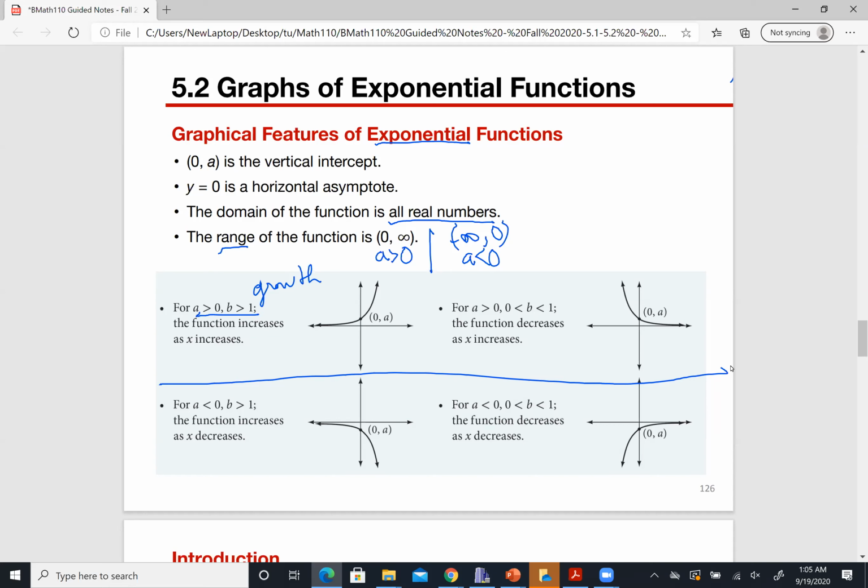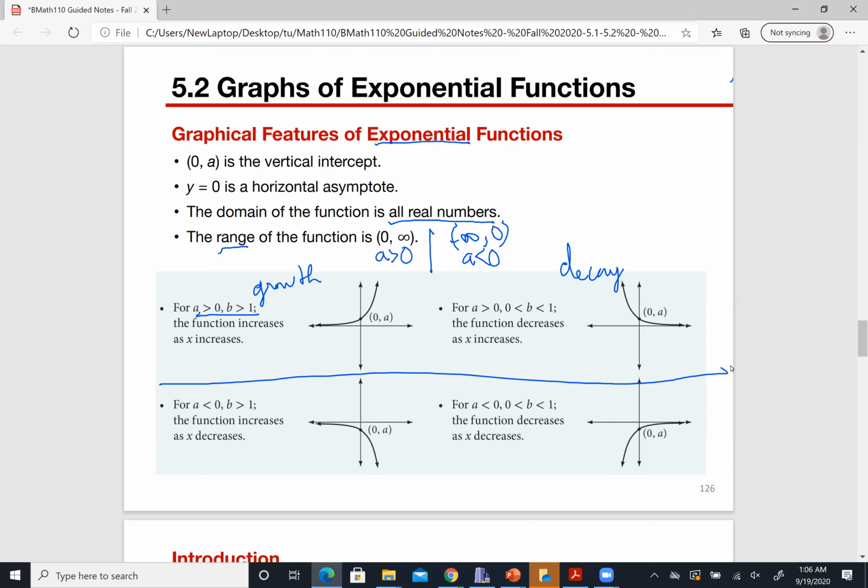But for the case that a is greater than 0 and b is between 0 and 1, this is a decay graph. From left to right, the graph is going down from positive infinity toward 0. I mean, you cannot touch 0. It just goes along the x-axis and tries to get to 0.